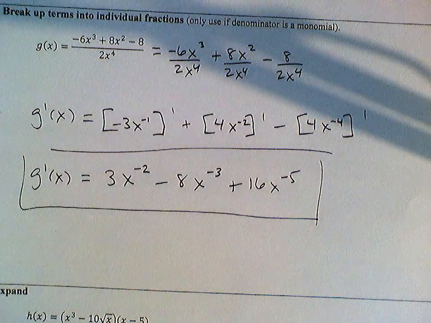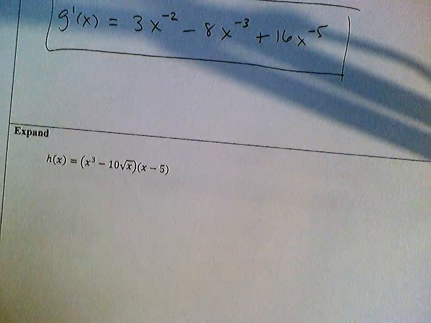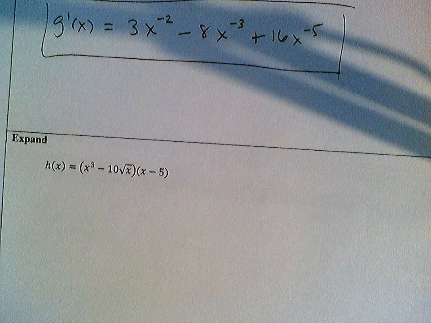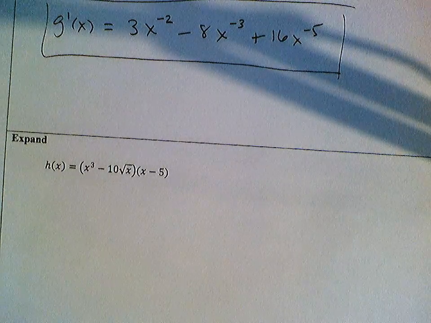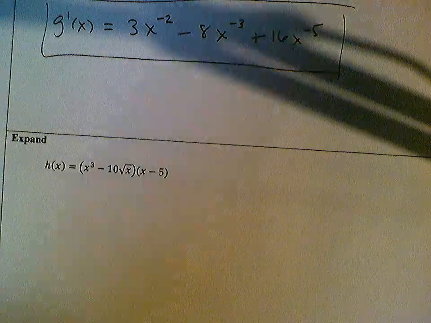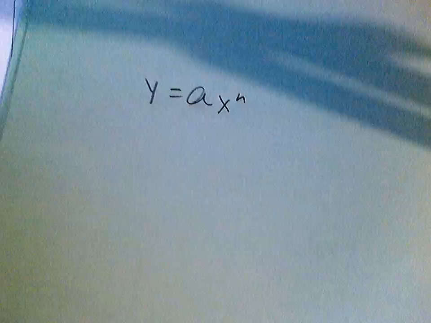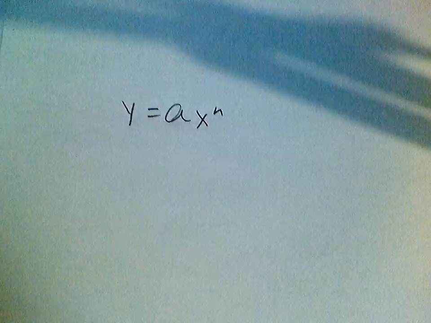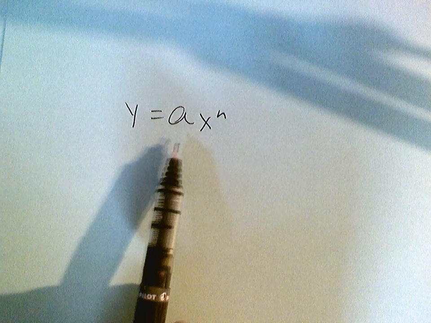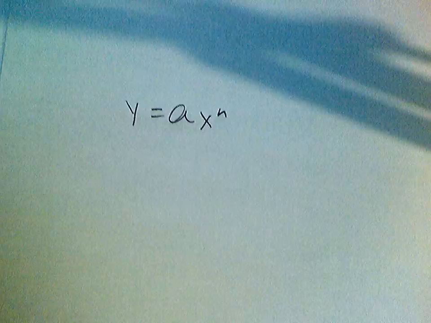Okay, now we have another one. So here is a situation where, again, we are not working with a function that is a sum or difference of terms of the form ax to the n.